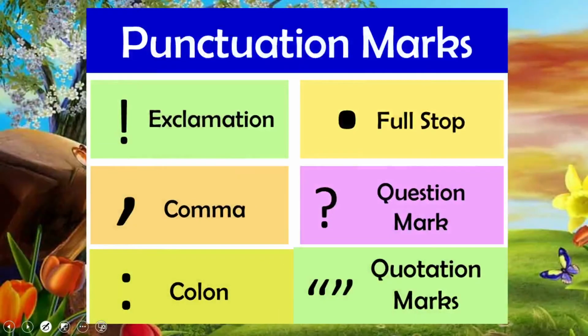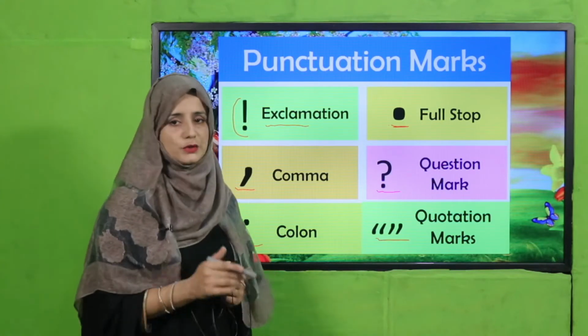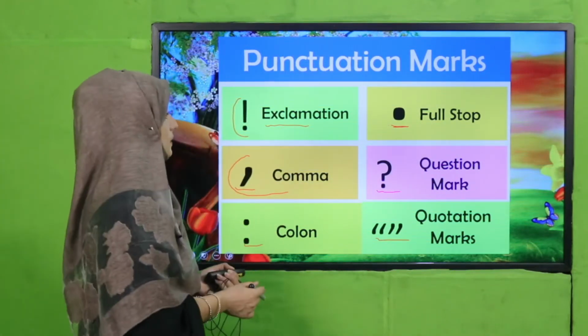There are punctuation marks. Exclamation mark is there. Full stop, as we know that we are using at the end of the sentence. Comma is there. Question mark, colon, quotation marks. There are many punctuation marks, but my dear students, today we are going to learn about comma.